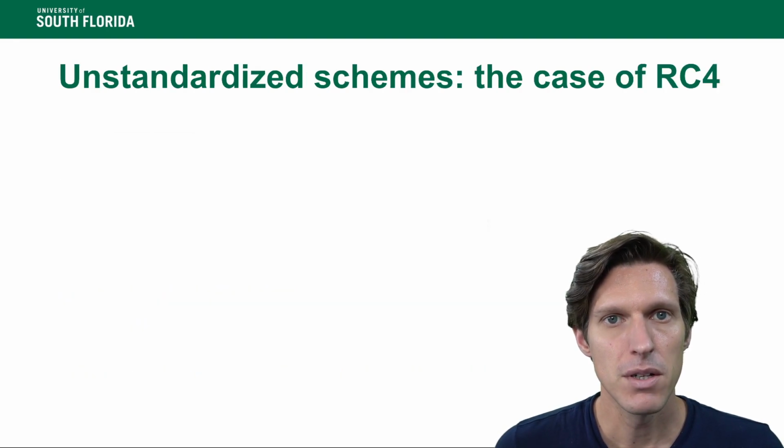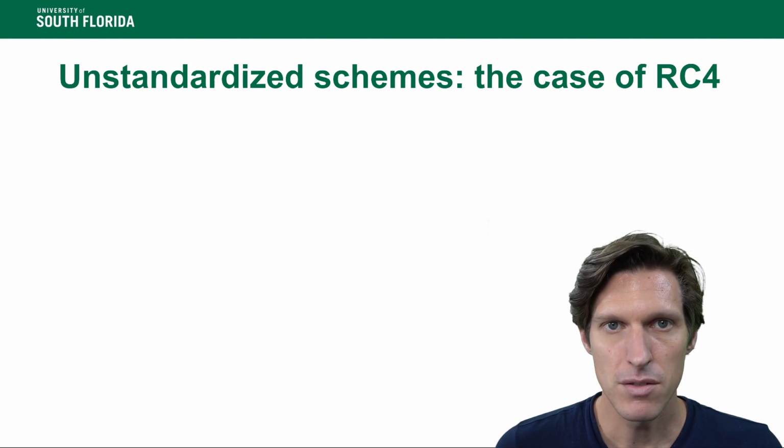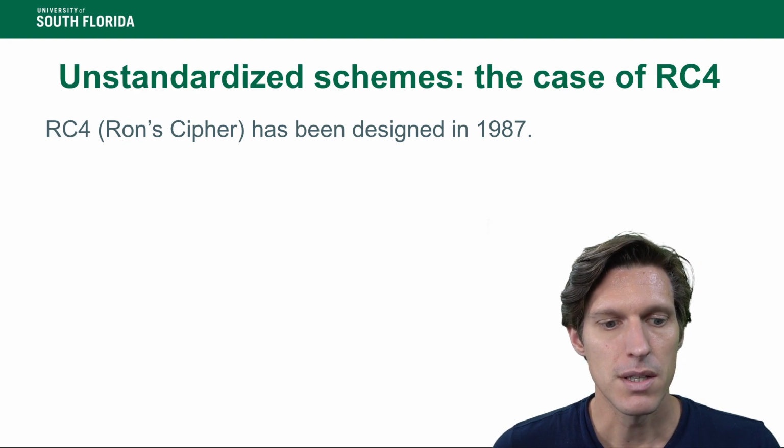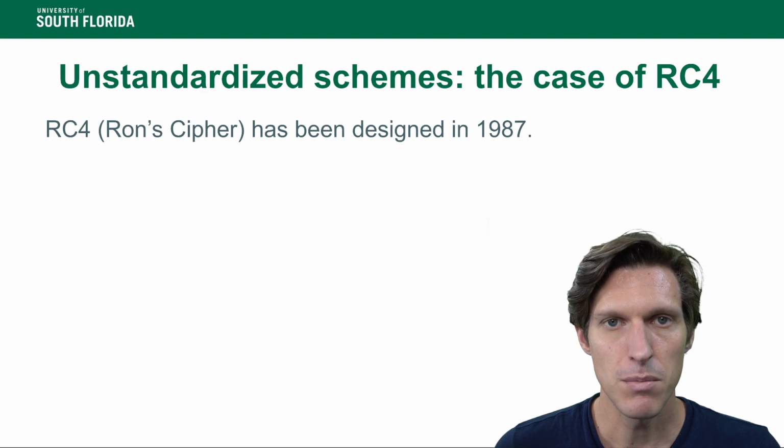Now, there is a bit of an outlier. One that has been used in lots of applications is RC4, and it's not standardized. It stands for Ron's Cipher, and it was designed by Ron Rivest in 1987.